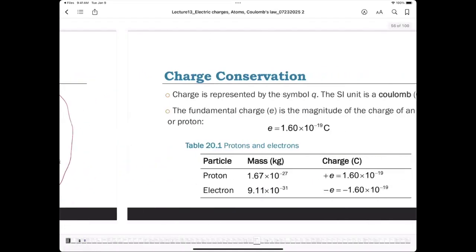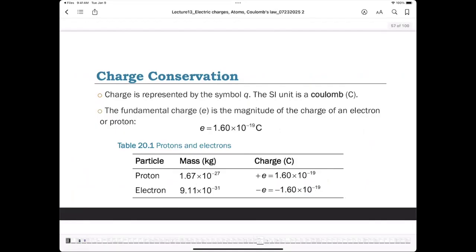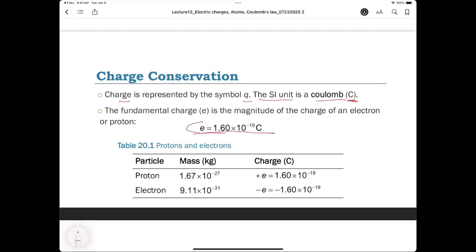A charge is represented by the symbol Q. We just use Q to represent charge, and the SI unit, the international system unit, is the Coulomb, which we shorten as C. The fundamental charge e is the magnitude of the charge of an electron or proton. This is a constant value.